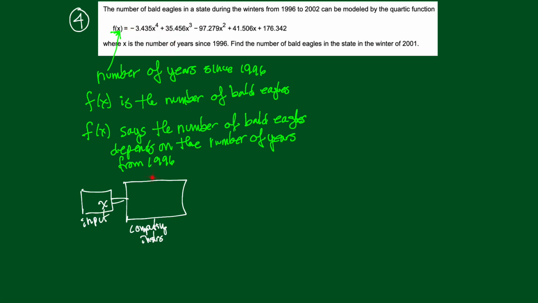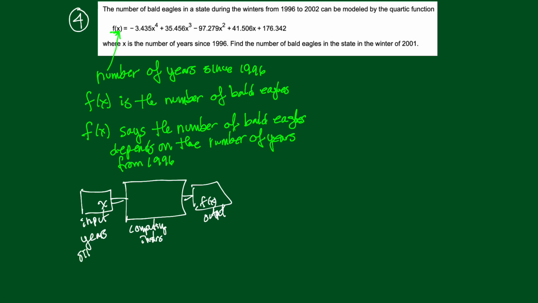And what we get out are our output values. These are the f of x's, the number of bald eagles.